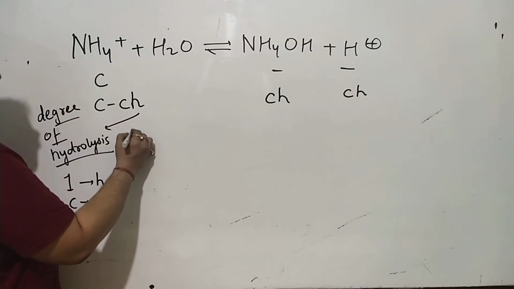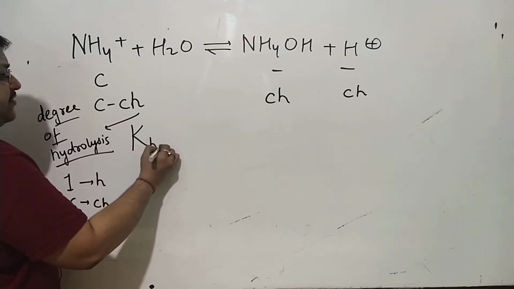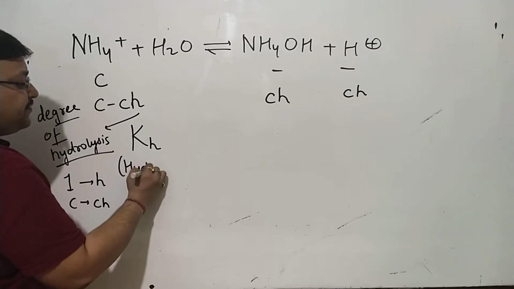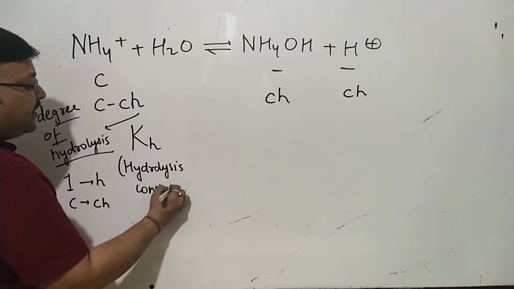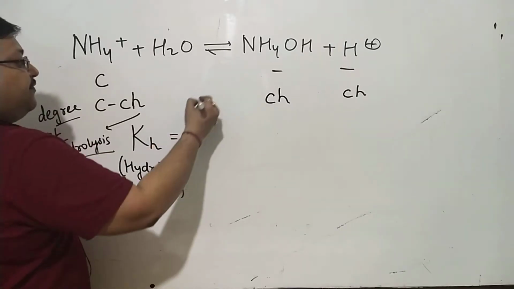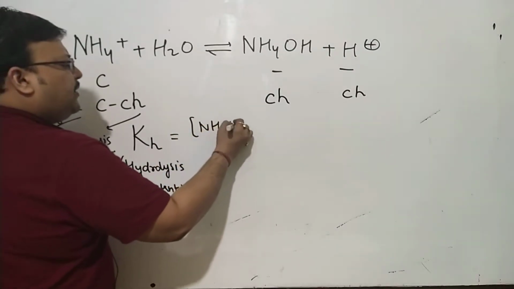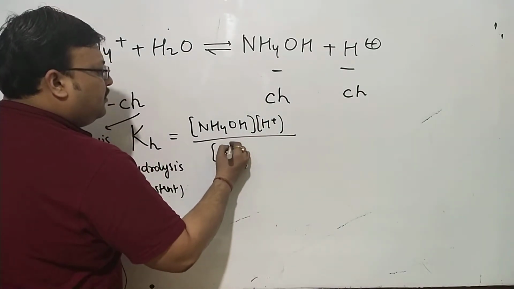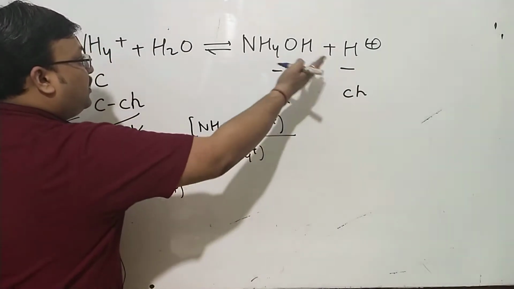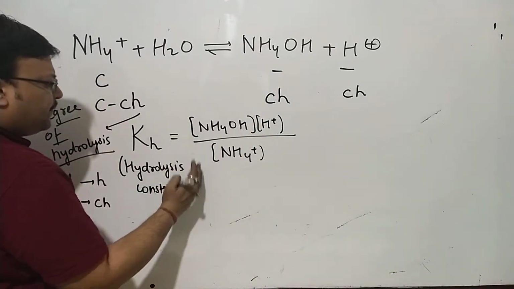And like Ka, Kb, this time I'll want to write Kh, which will be the hydrolysis constant. Now this hydrolysis constant will naturally be, like any equilibrium constant, product upon reactant in square bracket molarity.